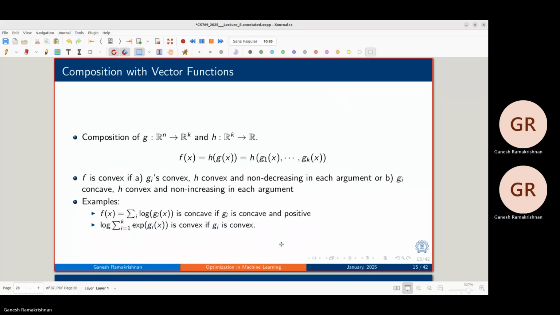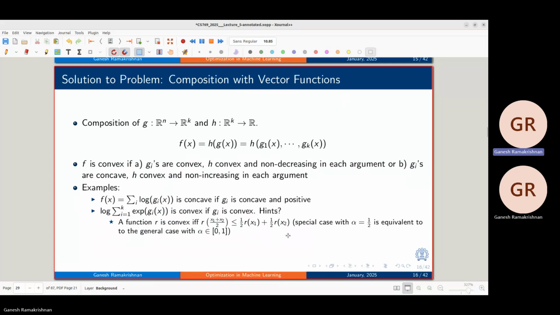Okay, I'll tell you that fitting into A or B is not going to be easy. It might be possible with a lot of hard work, but it's not something that you will be able to do immediately. The hint is you'll have to do a little bit more work. In fact, you can prove it even without a composition property.